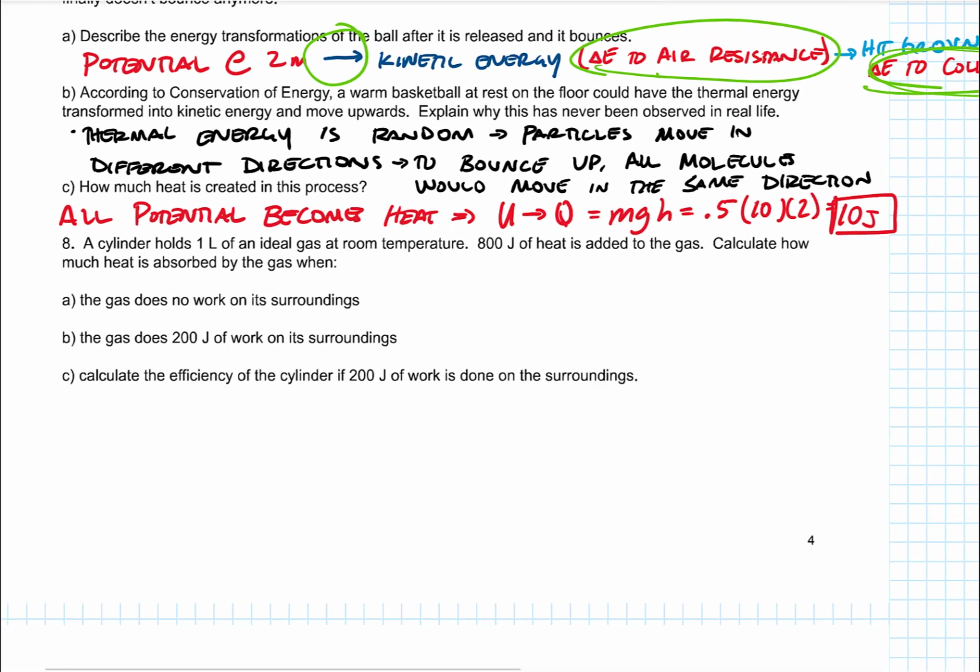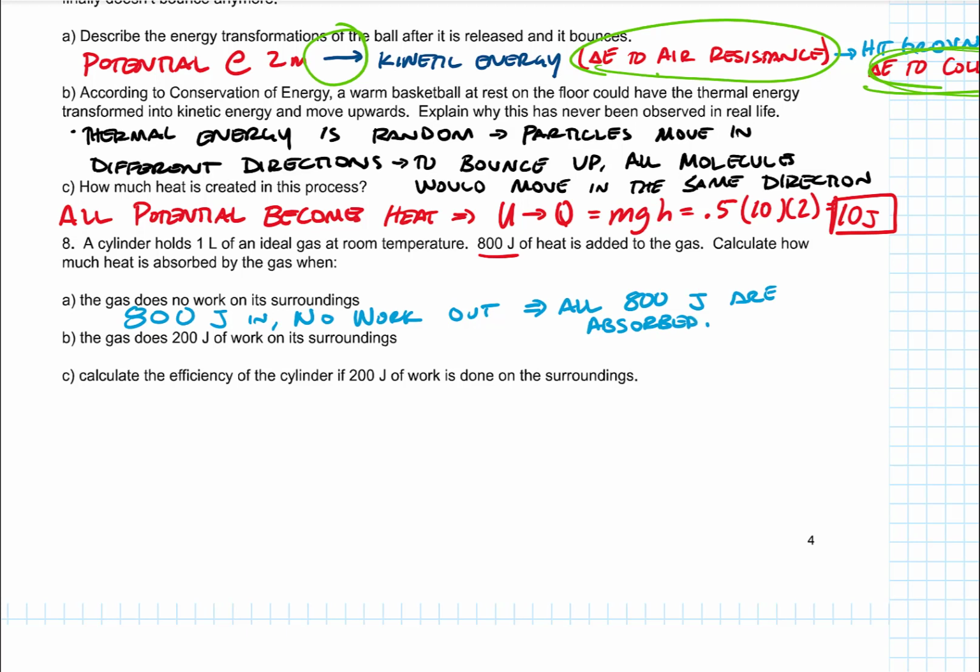So, we have a cylinder that holds a liter of an ideal gas at room temperature. 800 joules of heat is added to the gas. So if the gas does no work on the surroundings, that means we have 800 joules in, no work out, so all 800 joules are absorbed.